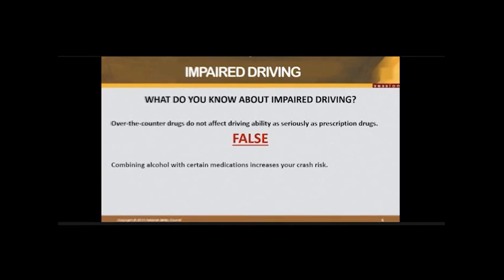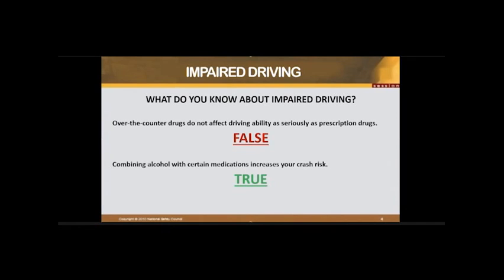Number 10, combining alcohol with certain medications increases your crash risk. True or false? The correct answer is true. Combining alcohol with other drugs can have a synergistic effect on the body. Synergistic is a word used to describe what happens when drugs that are taken together have a very strong effect.